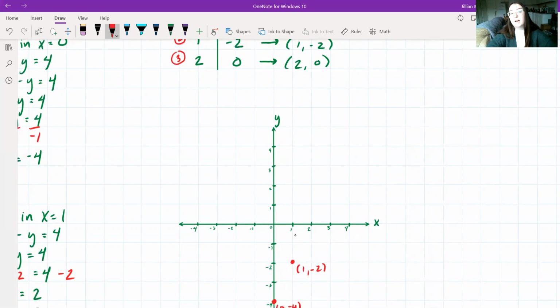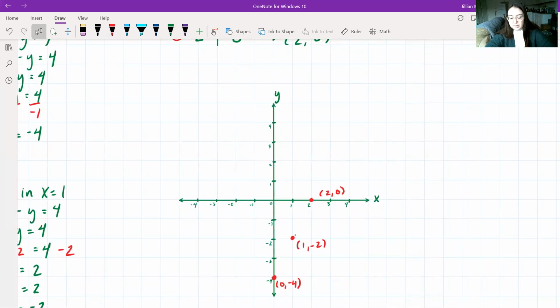Then lastly, we have our ordered pair of 2, 0. So our x value is 2 and our y value is 0. So we find our x value, which is 2 on our x-axis. And since the y value is 0, we just plot that point on that axis there. And this is our point 2, 0.